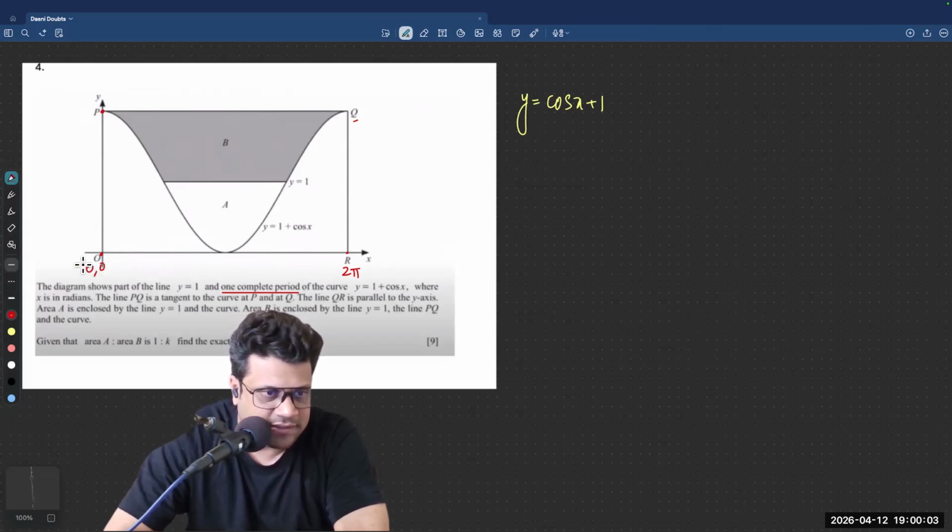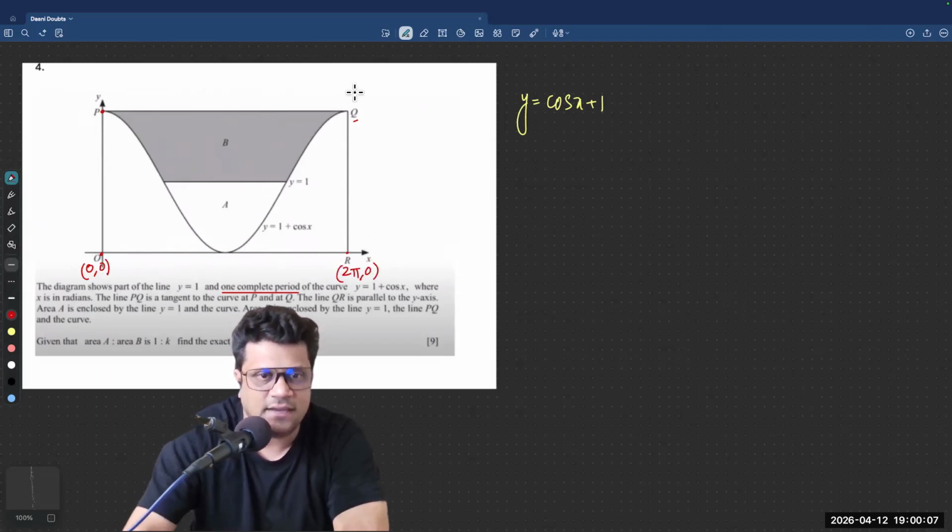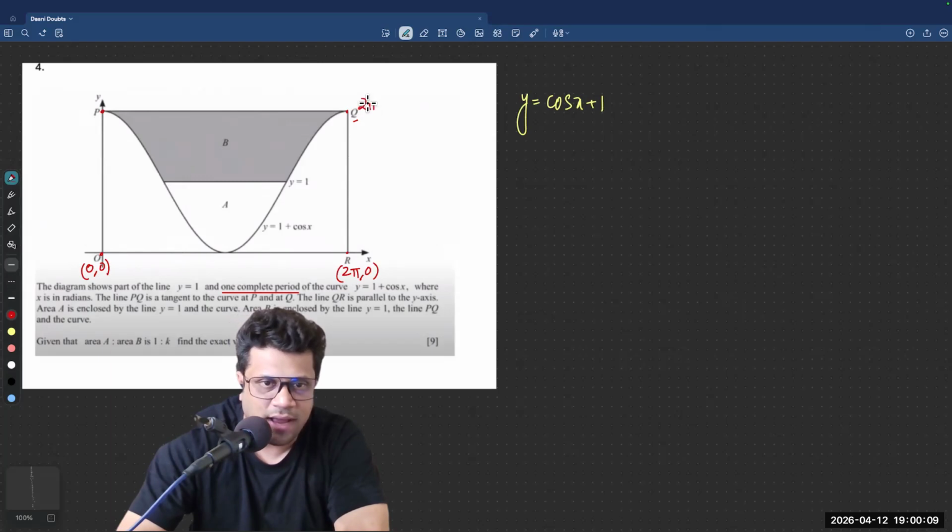This is the origin, O. This is 2 pi comma 0. Q is 2 pi comma the largest value cos x plus 1 will be, it's 1 unit added to 1, so it's a 2 basically. And this one is going to be 0 comma 2.